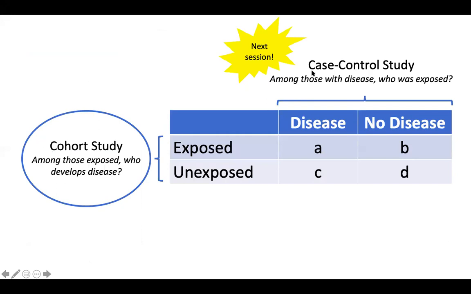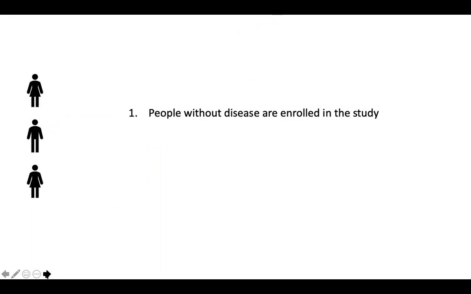And that's different from a case control study, which we'll be talking about next, which asks, among those with disease, who was exposed? So different questions, really subtle, but different ways for filling in the cells in this 2x2 contingency table. So let's talk about cohort studies and how we go about doing these studies.